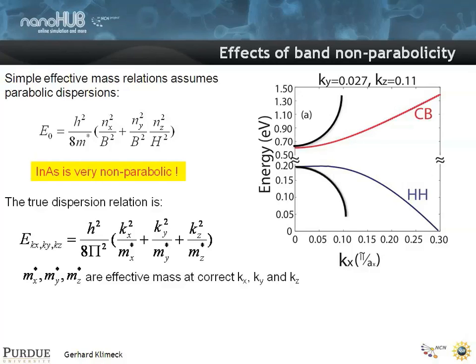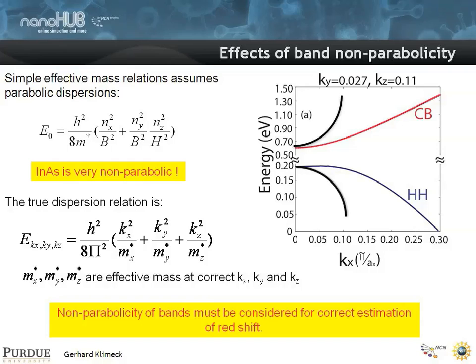What you can do is quantize these K points depending on the size of the system and make it a sort of K-dependent effective mass. That's one way to handle the non-parabolicity, and you can build that into an analytical model like that to get the right estimate for the redshift.